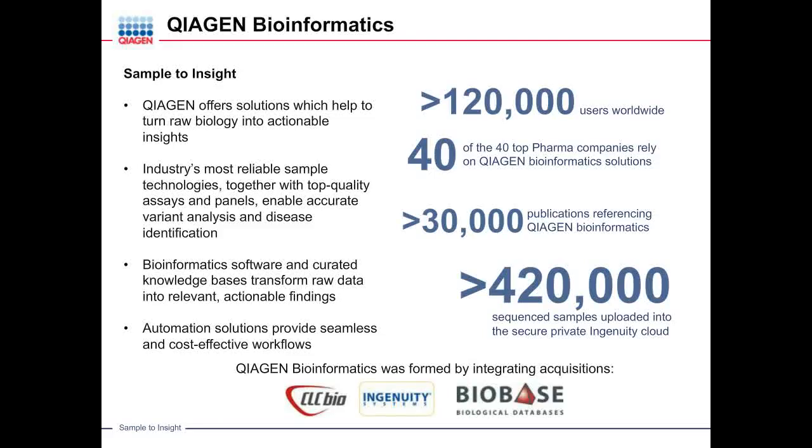As mentioned, we are now in QIAGEN Bioinformatics, and to give a little overview about what that is, we have this information here, and it's actually a formation of 3 companies, namely, as I mentioned, CLC Bio, that I'm from, and Ingenuity Systems and Biobase, and together we are actually the biggest bioinformatics company in the world, and we have 120,000 users worldwide, and 40 of the top 40 pharma companies rely on our bioinformatics solutions.